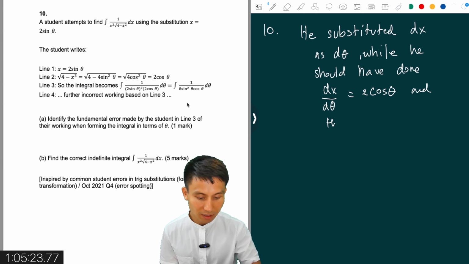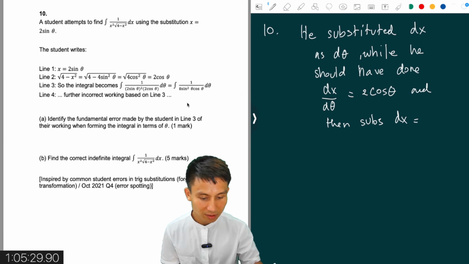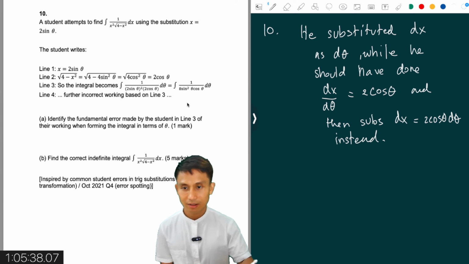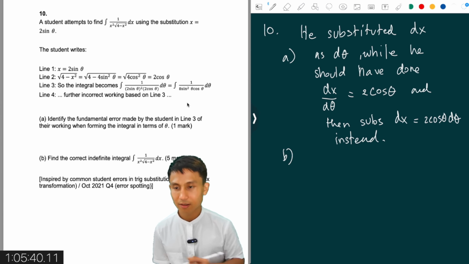And then substitute dx equals 2 cos theta d theta instead. Yeah, that's my answer to part A.